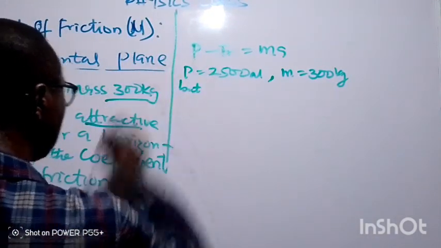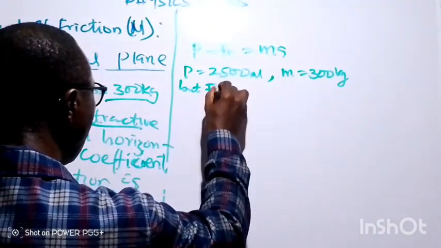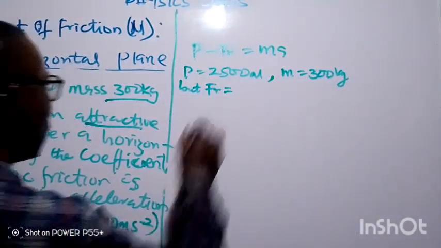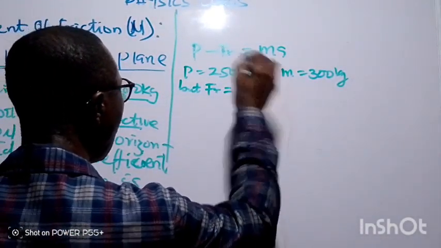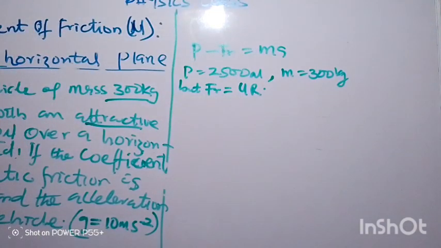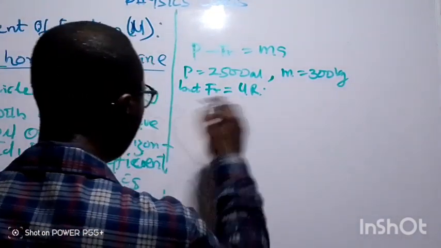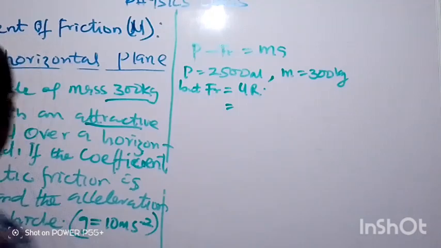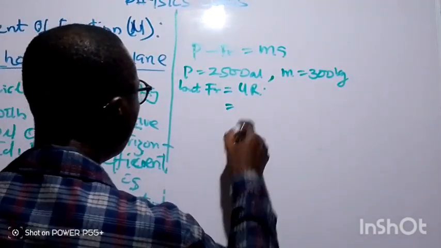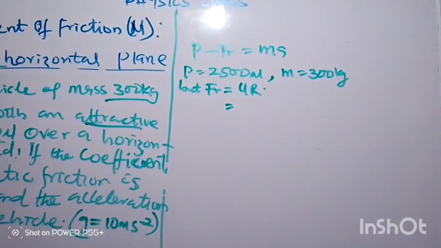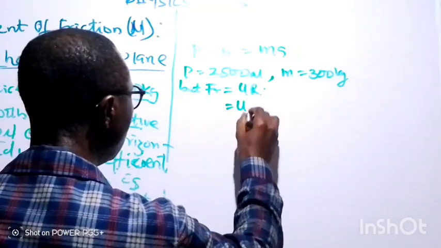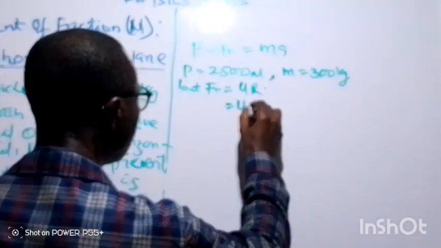Now, we can say that our frictional force is equal to mu R. The coefficient of friction is given. Our R also is not given, but normal reaction is mg.